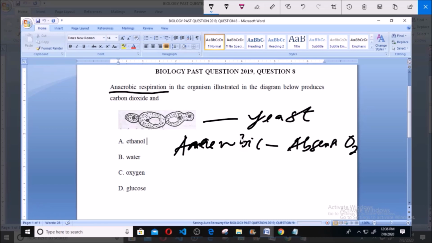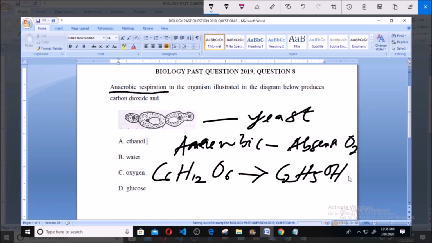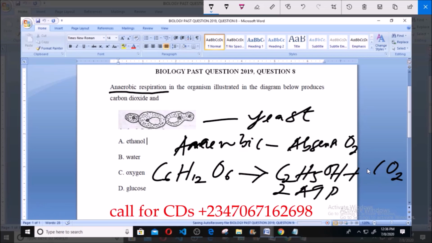Now when the yeast respires, we have the following chemical reaction: C6H12O6 in the absence of oxygen gives you C2H5OH and CO2 with 2 ATP of energy.